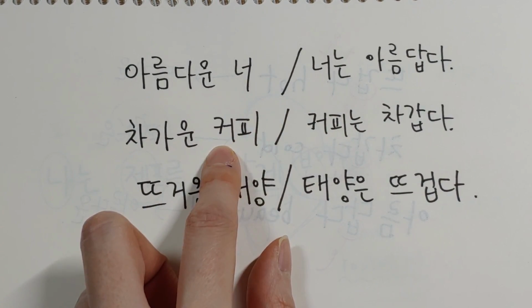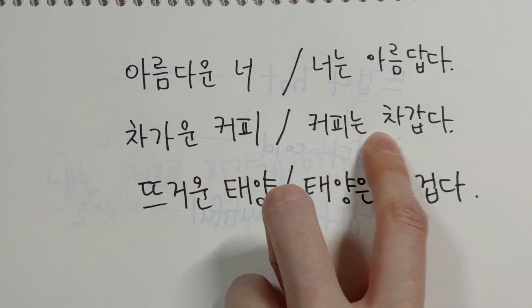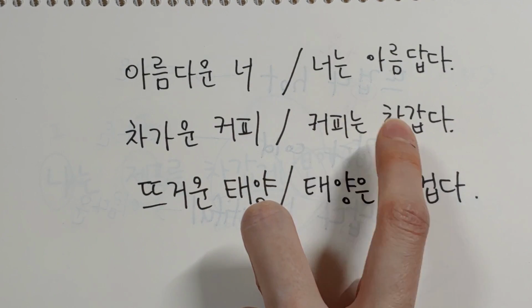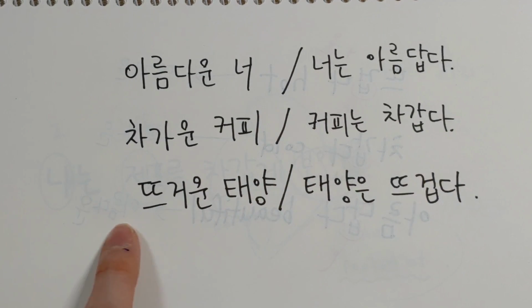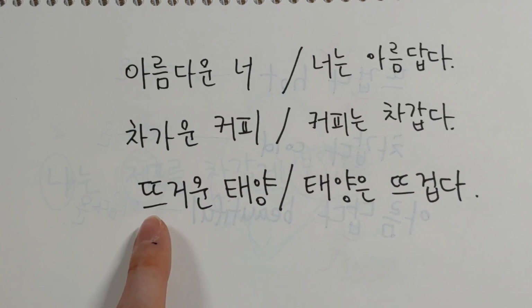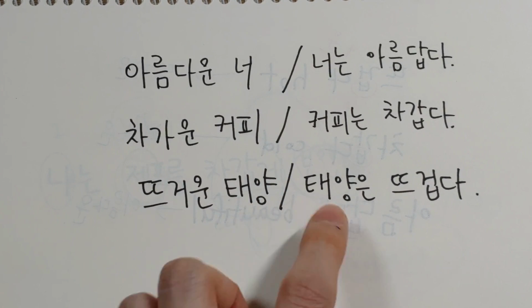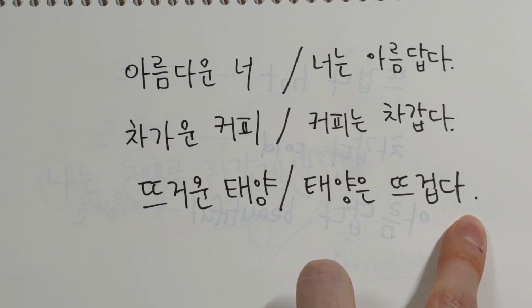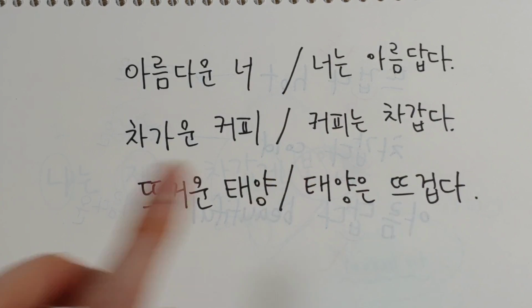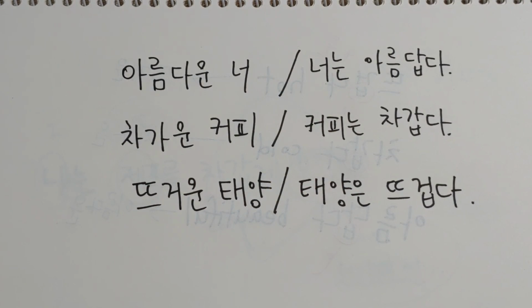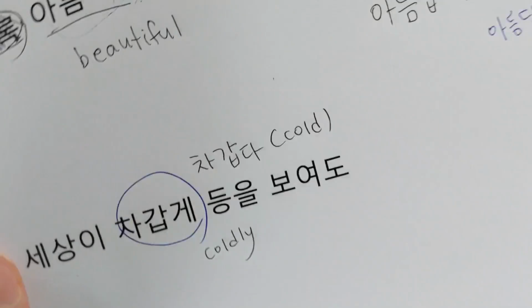Cold coffee. 커피는 차갑다. Coffee is cold. 뜨거운 태양. Hot sun. 태양은 뜨겁다. The sun is hot. So I hope now you got the hang of how to use adjectives in Korean.